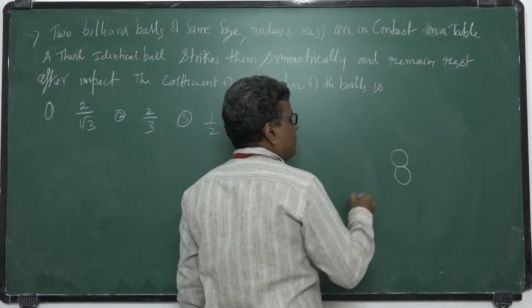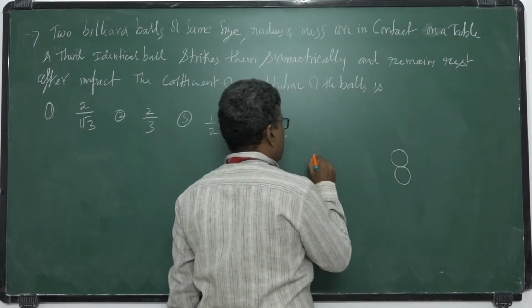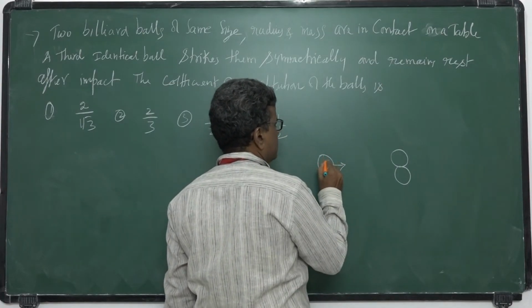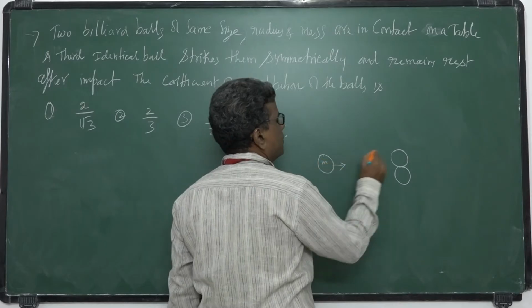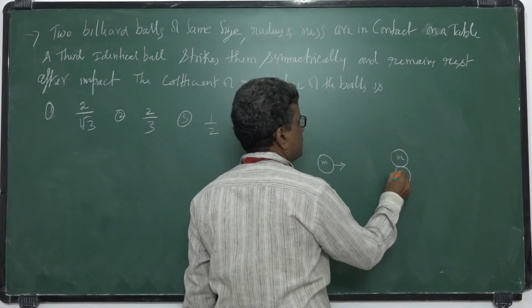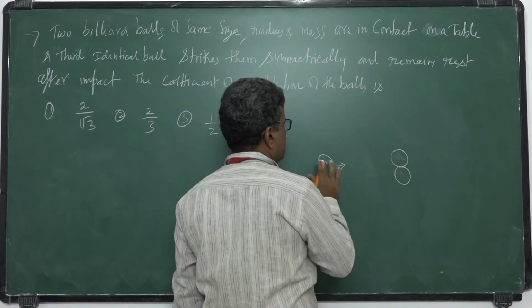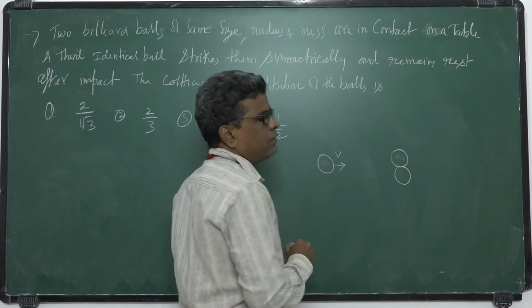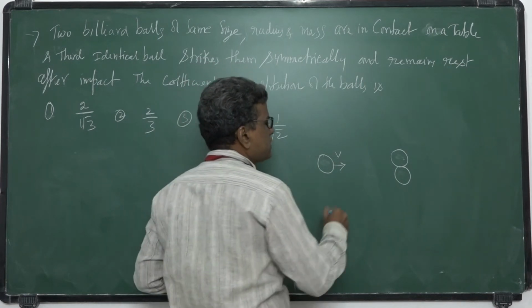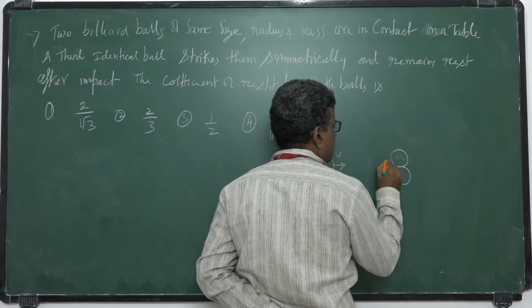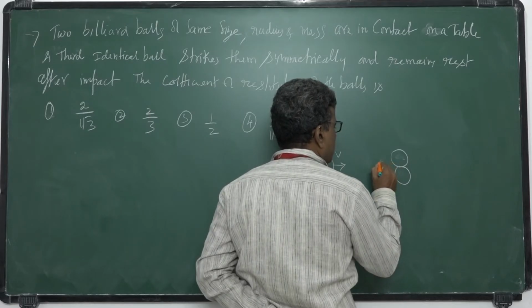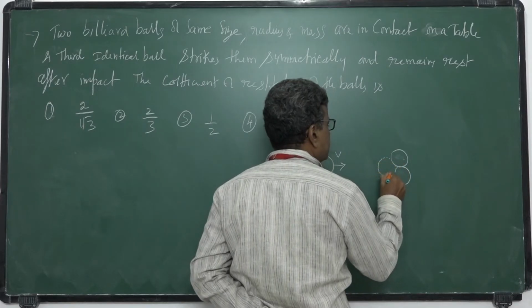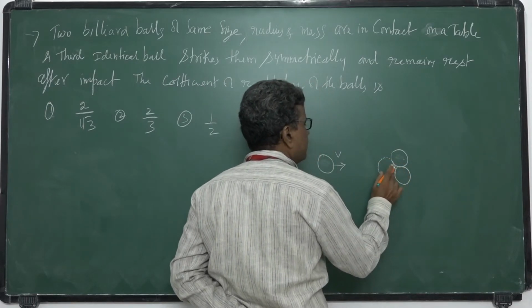A third ball moves with some velocity. The masses are identical, let it be m, m, m, and the radius is also equal. Let it move with velocity v. It hits symmetrically, so at the time of collision it will be like this.